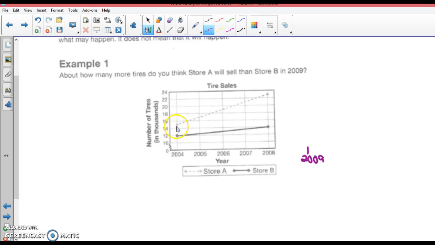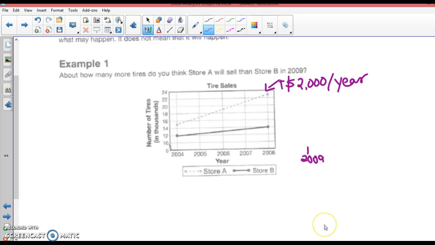So this is about 15,000 to 17,000, 17 to 19, 19 to 21, 21 to 23. So about what is that going up? 2,000 per year. Okay? Store A, its rate of change is positive 2,000 per year.